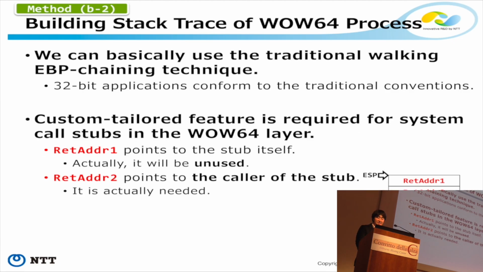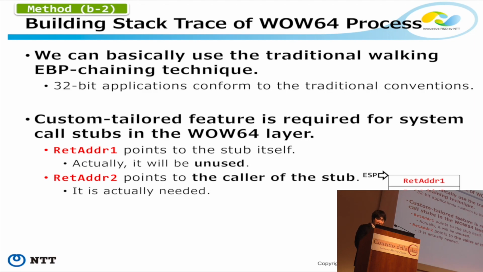And to build stack traces, we can basically use the traditional technique, EBP chaining, because 32-bit applications conform to the traditional conventions. But a custom-tailored feature is required for the system call stub on the WOW64 layer.